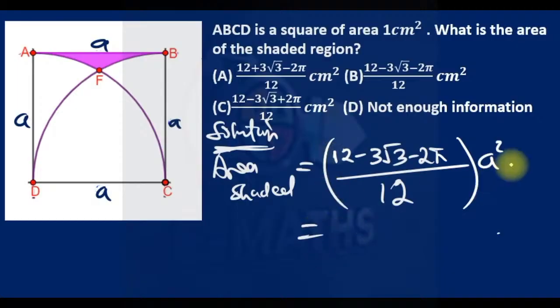So from here they said the area is 1, so a squared is 1 because the side is 1.